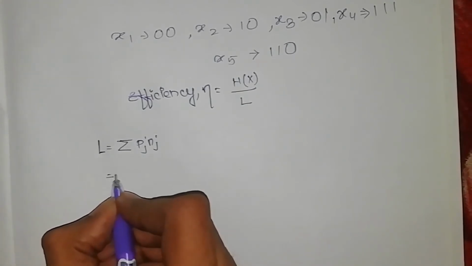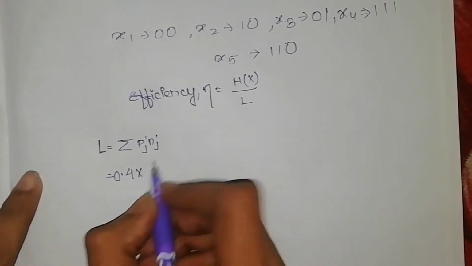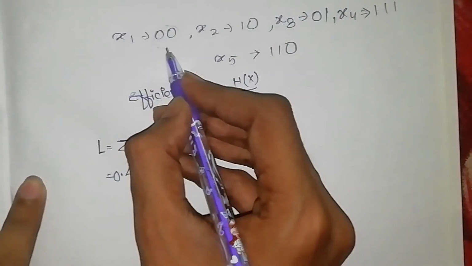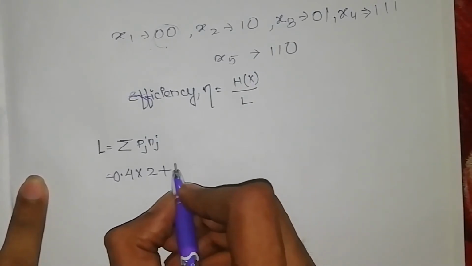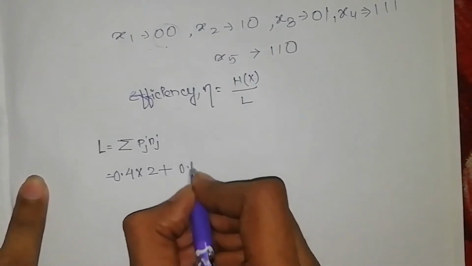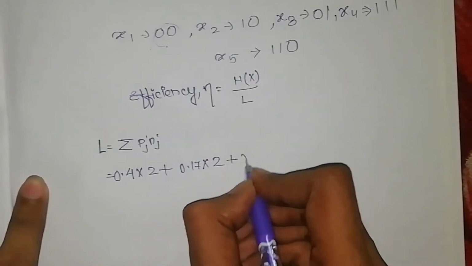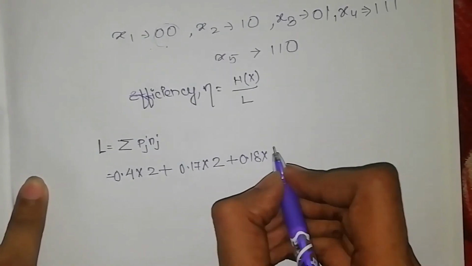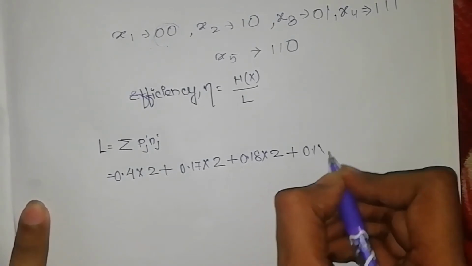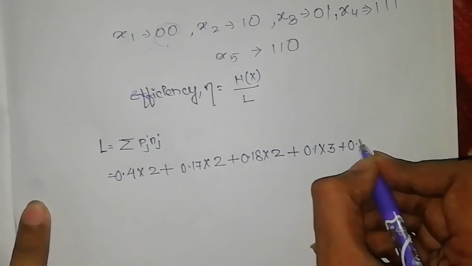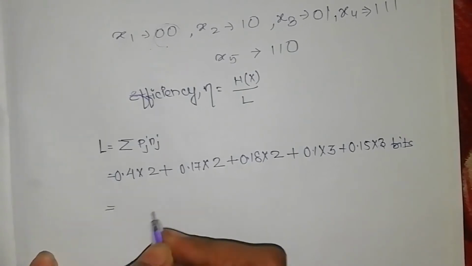So this will be equal to 0.4 into 2, since 0.4 is for x1 and the length of code of x1 is 2, plus x2 probability is 0.17, so 0.17 into 2, then 0.18 into 2 plus 0.1 into 3 plus 0.15 into 3. So this will be in bits.